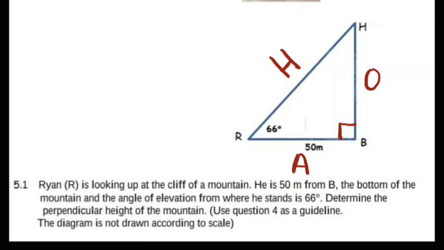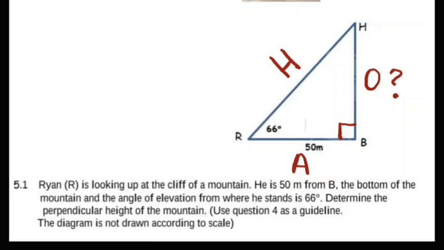Now that we know what we're dealing with, we need to figure out exactly what they're asking us to calculate. They want the vertical height of the mountain. The vertical height is represented by BH. So what we're solving for is the opposite side. Now, when you're trying to solve for a side in a right angle triangle, you can either use sine, cos, or tan.